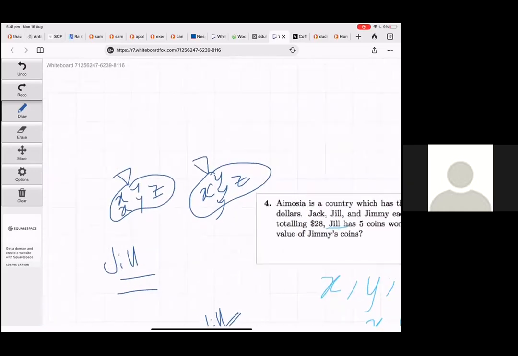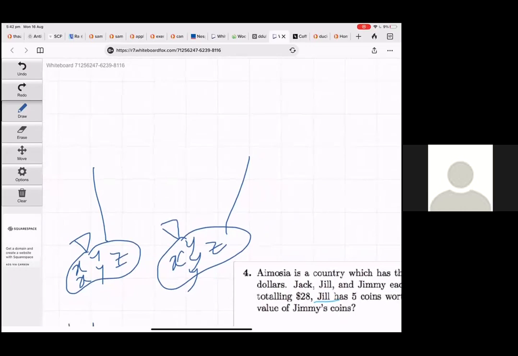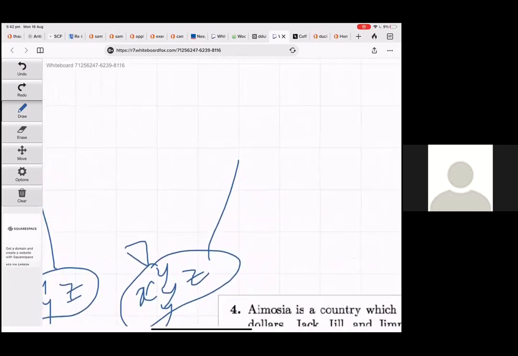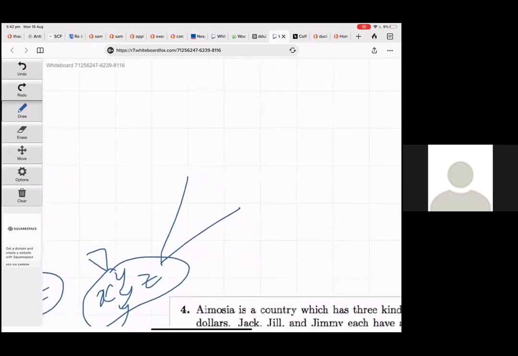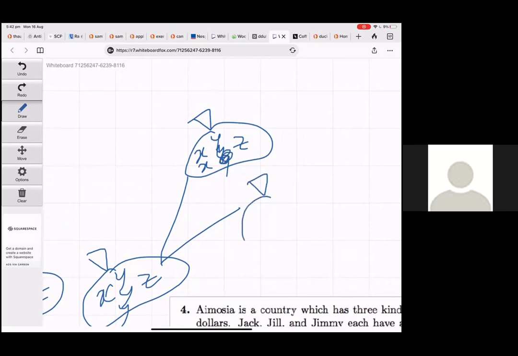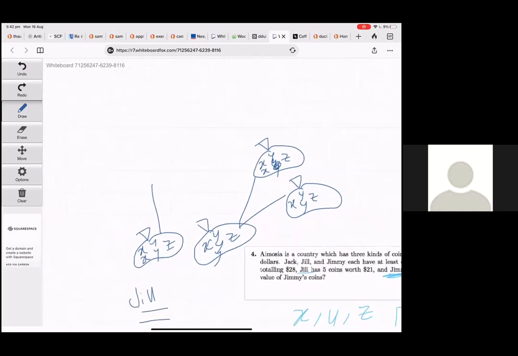And then for each of these, Jack would have different possibilities, right? So this would have 2 cases for Jack. Either Jack has one extra of a different one, or Jack has 1 extra of the same one that Jill has 3 of. So those are the 2 cases for that.